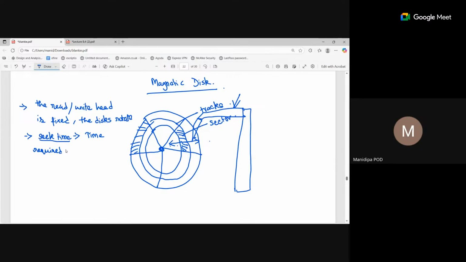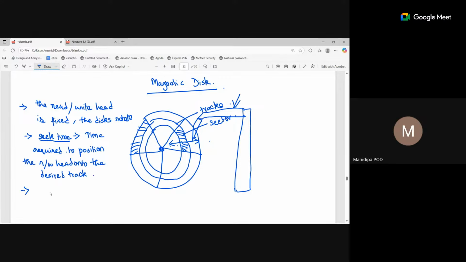Of course, a lot more is involved. Seek time is the time required to position the read-write head onto the desired track, to find the correct track.